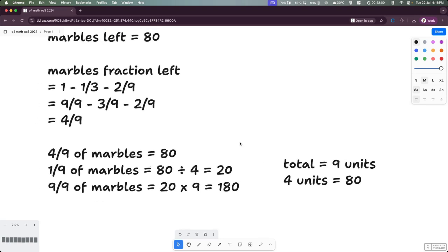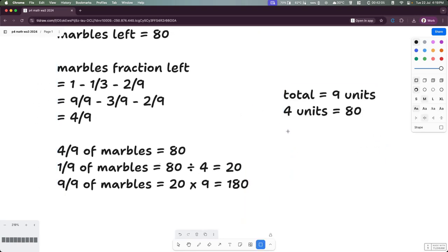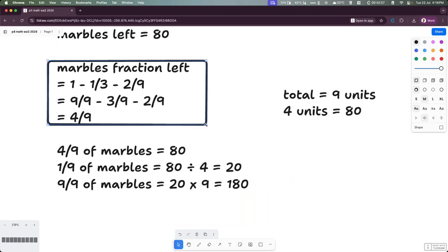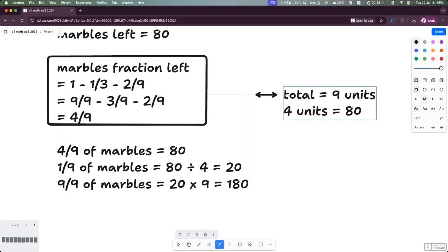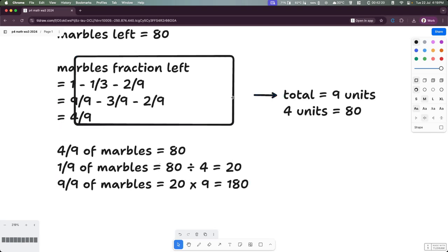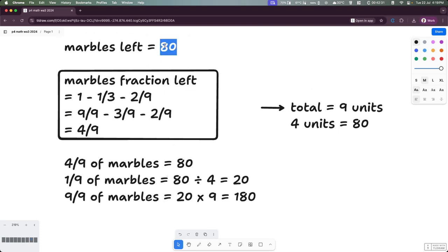In this case you can convert the marbles fraction left into units. So total is 9 units because the denominator is always the total, and 4 units is what he is left with, and we know the marbles left is 80.